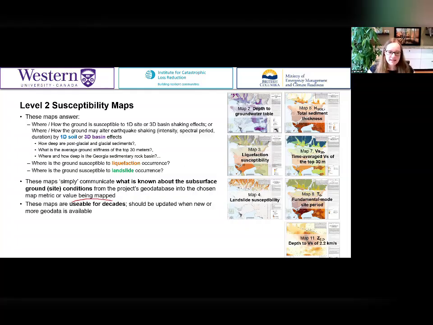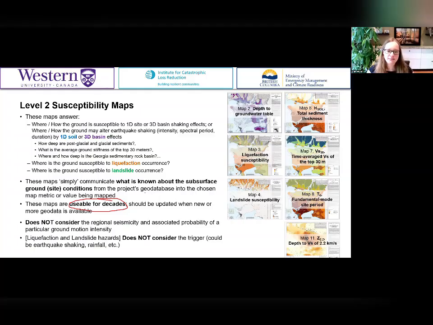Something I'd like to emphasize is that these maps are not dependent on the chosen seismic hazard or what we know about seismic hazard. It is the geology that controls this, and that doesn't change very fast. These maps can be useful for a very long time, until more data is available and they can be reproduced or improved.